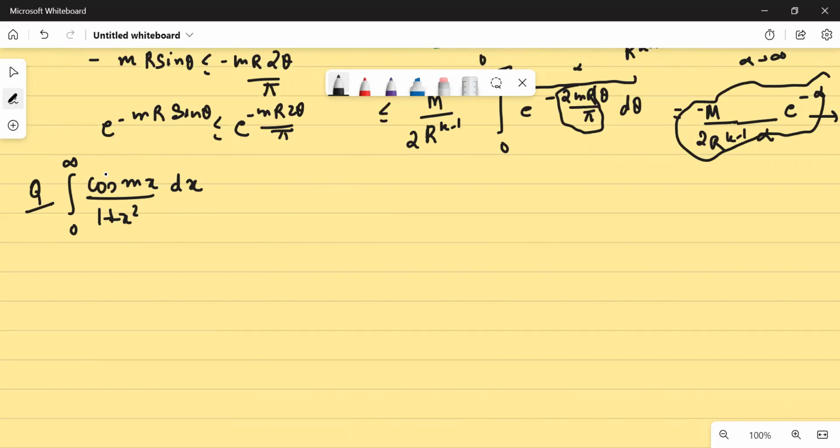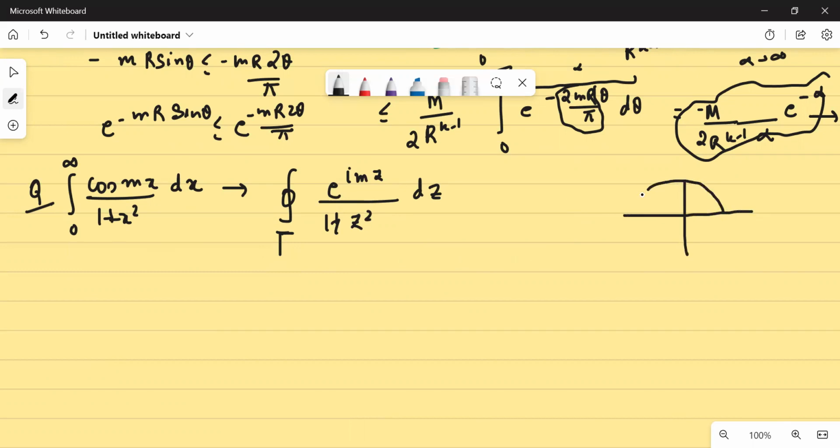Now if I replace it by contour integration, it becomes e to the power iota mz upon 1 plus z square. This contour integration is over a semicircular contour, and I told you already that integration over the arc will turn out to be 0.